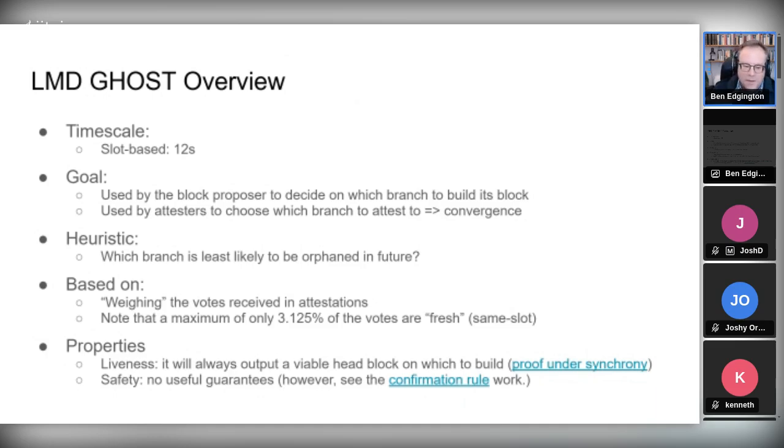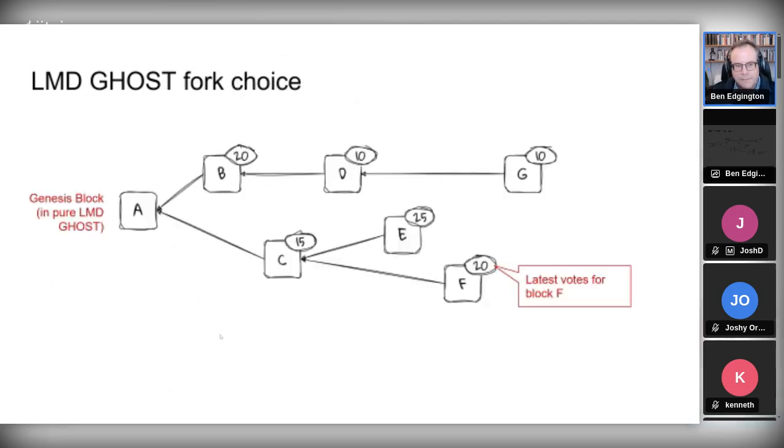So within a couple of slots, under these assumptions, there is a block that won't be reorged out. So that becomes some sort of safety guarantee, but we're not currently using that. That's for implementing in future. There's a link there if you want to find out more about that. But assume for the purpose of this presentation that there are no safety guarantees in LMD Ghost.